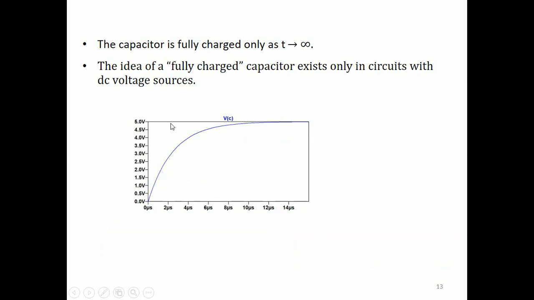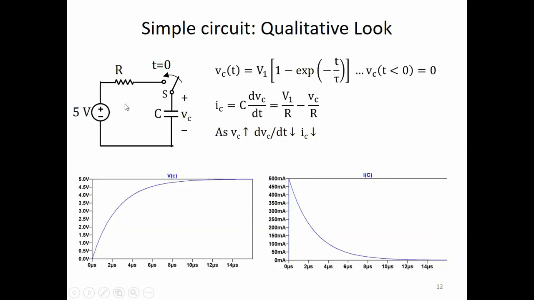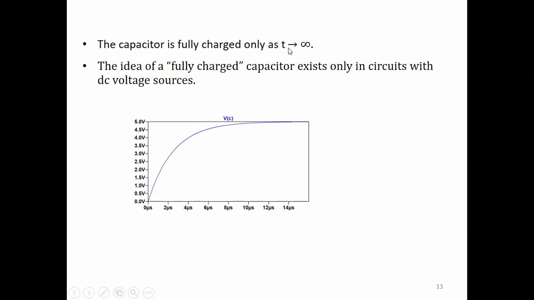One more important thing. We say that the capacitor gets fully charged. In this circuit, the capacitor acquires 5 volts only as t tends to infinity. So it's important to remember that in the whole wide world, whenever you connect capacitors across DC voltage sources and resistors, the capacitor never ever gets fully charged, because that happens only at t equal to infinity, which is never ever reached.